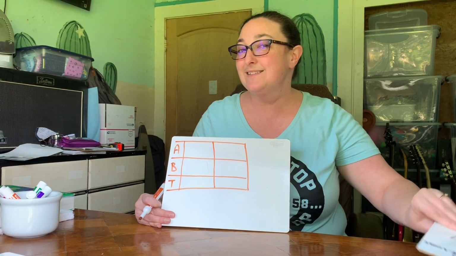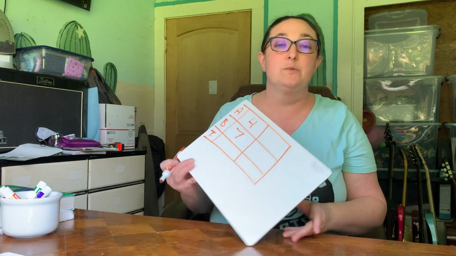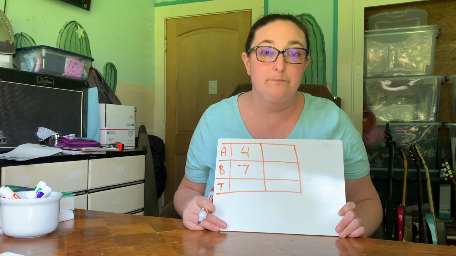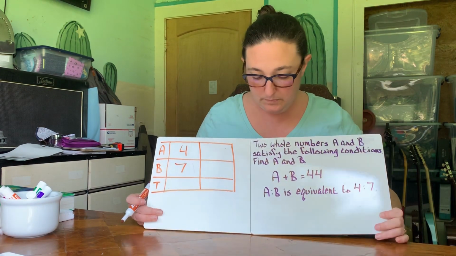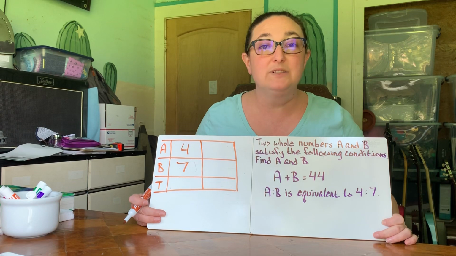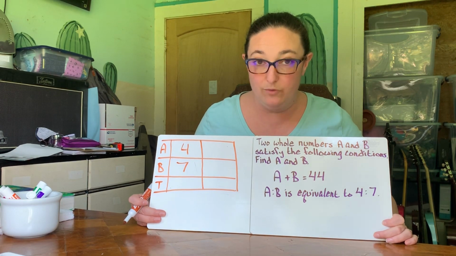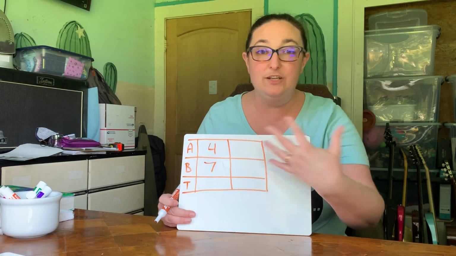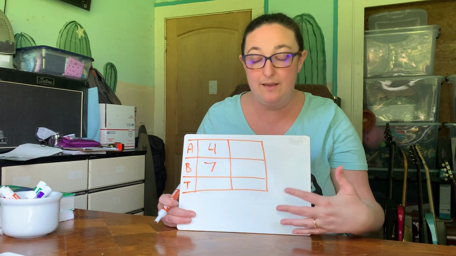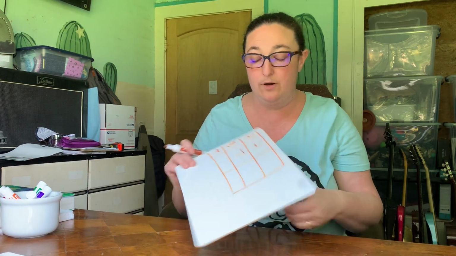So that means that at some point in our ratio table, A equals 4 and B equals 7. So we can put that in the first column. The next condition they give us is that A plus B equals 44. So that means at some point in our ratio table, A plus B has to have a total of 44.